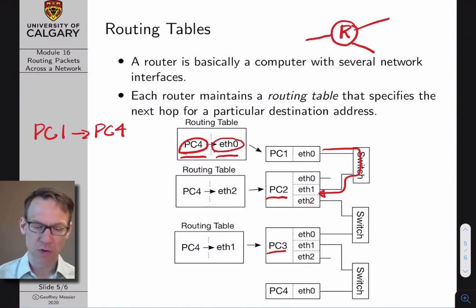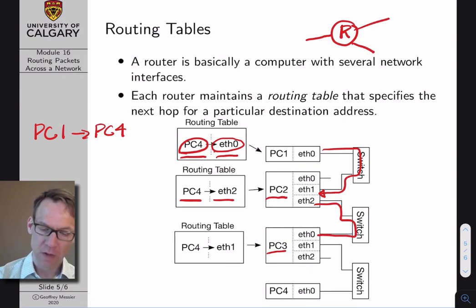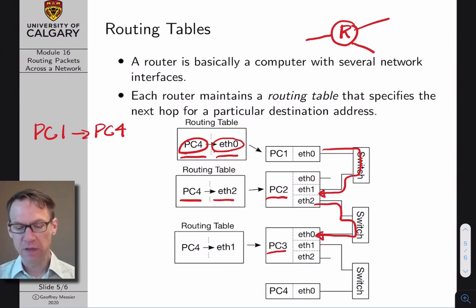Then PC number 2 will look up the PC number 4 address in its routing table, and the routing table will say, send this packet out on Ethernet interface 2. And that is what PC2 does. Now you'll note that the routing table doesn't then say, oh, just for your information, there's two more hops. PC number 2 only ever stores next hop information.